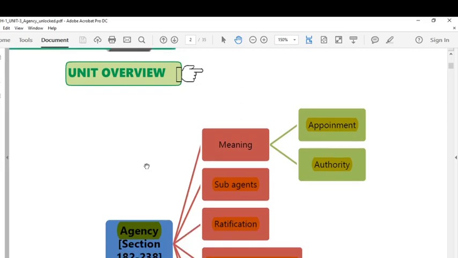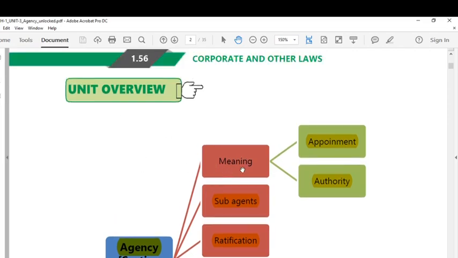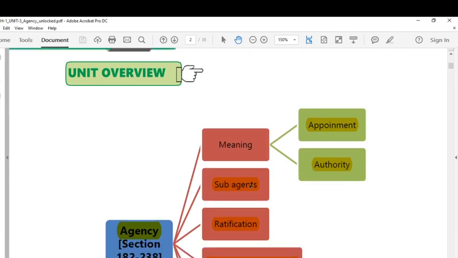The third unit of the first chapter in Module 2 deals with the contract of agency. So, in the overview of this particular unit, you are going to know about the meaning of agency and the appointment as well as authority of an agent and the sub-agents.